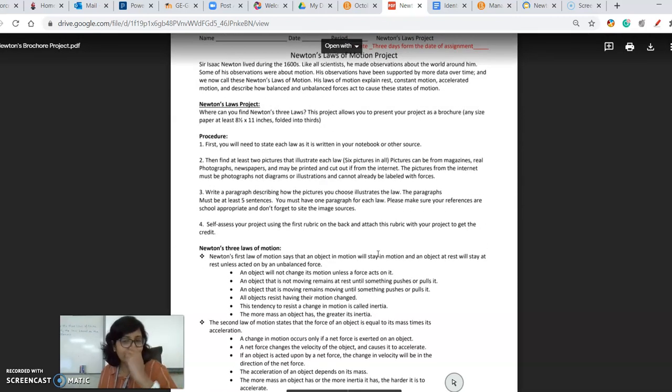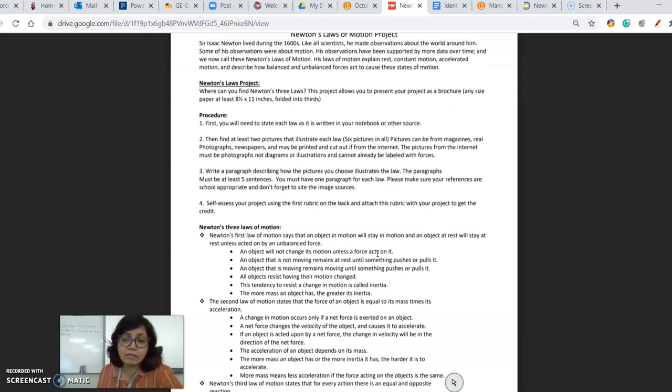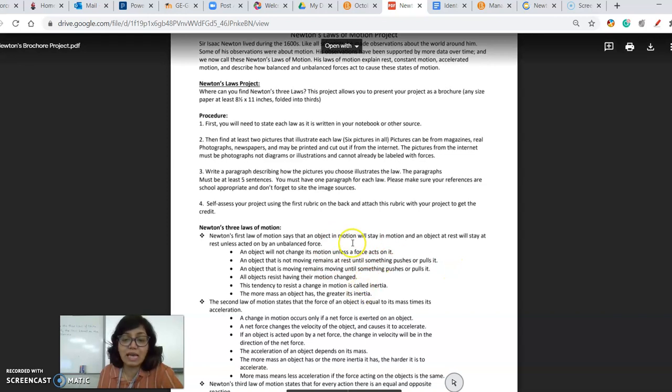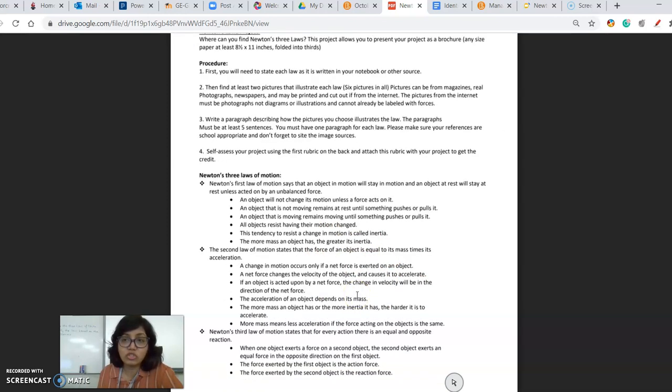Use your class time. It's due after fall break, but you can get done with a major chunk of this project in class. Look at the scenarios sheet from yesterday where we were talking about the situations, about which statement is related to which law. That will kind of give you an idea what kind of scenarios and images we are looking at.